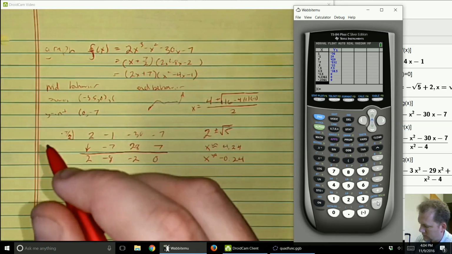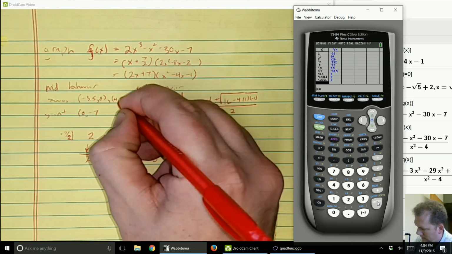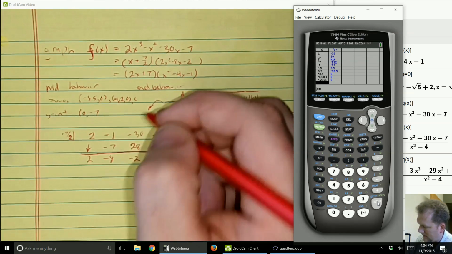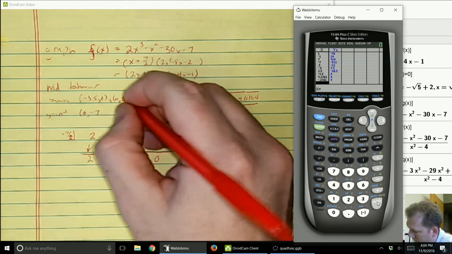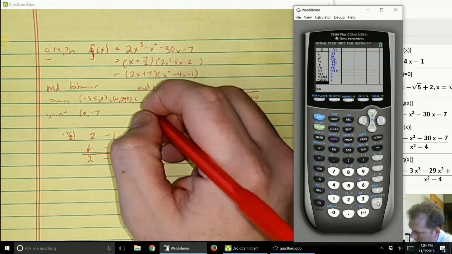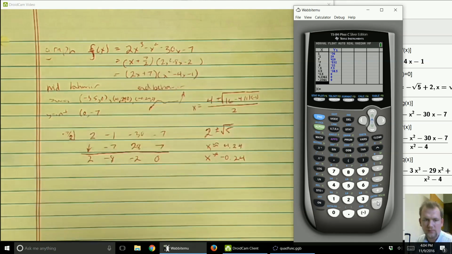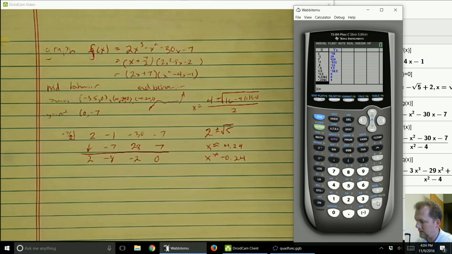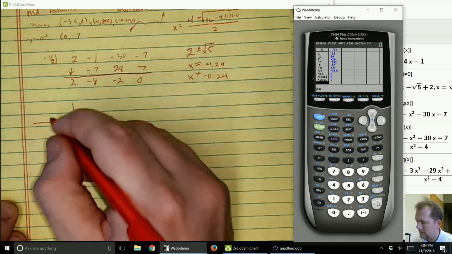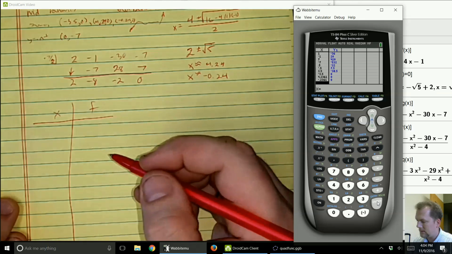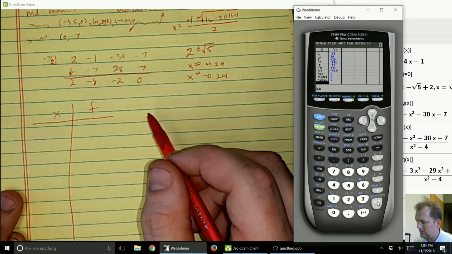I'll do 4.24 and then negative 0.24. So I have those 3 zeros. So there's the analysis. Now I can make a table. I'm going to put these 4 numbers in here. The smallest is negative 3.5.